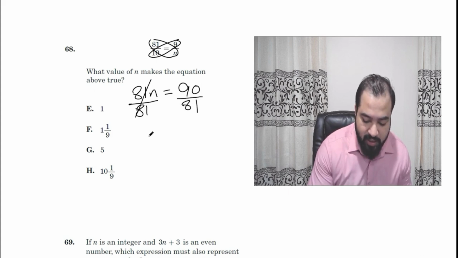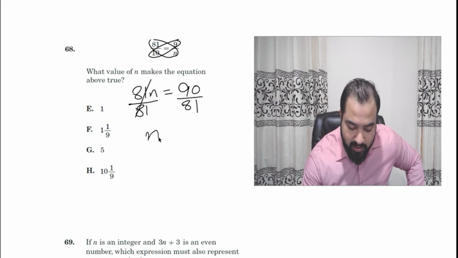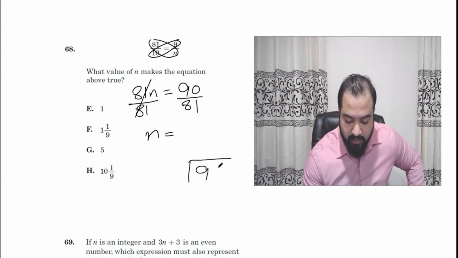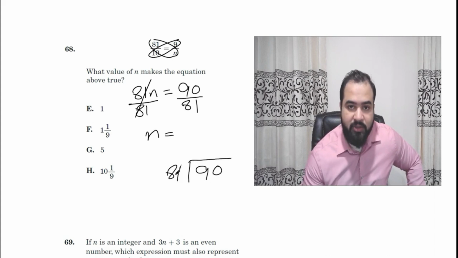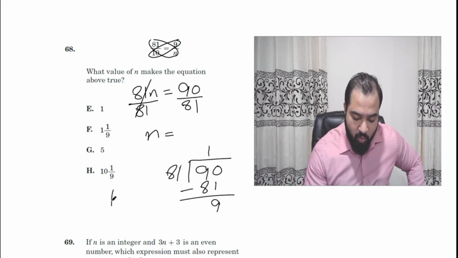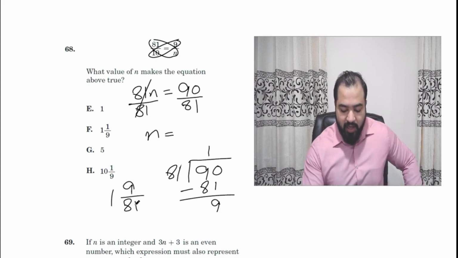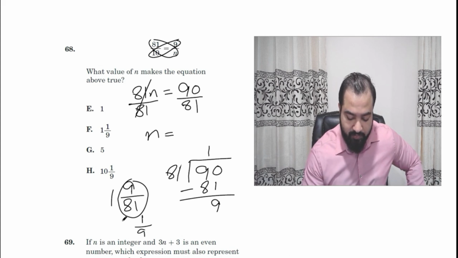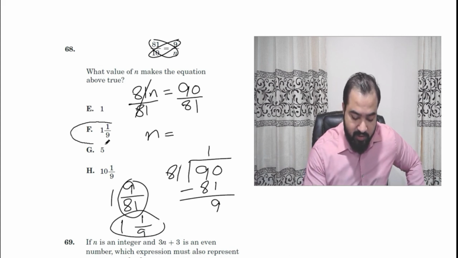Now 81 cancels out here, so n is equal to 90 divided by 81. If we divide 90 by 81, 81 goes into 90 one time, leaving 9. So we can write it as 1 and 9 over 81. Now 9 over 81 can also be simplified to 1/9. So it's 1 and 1/9. That's the answer.